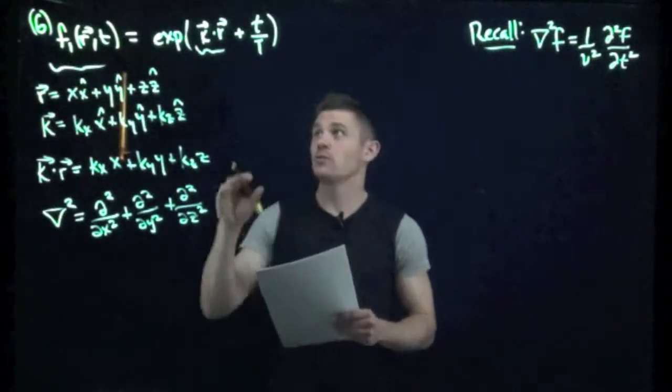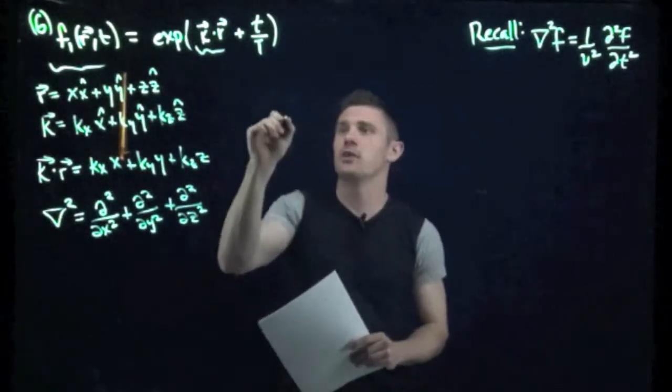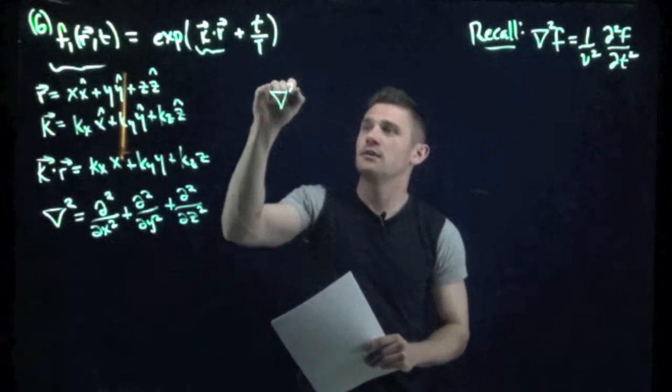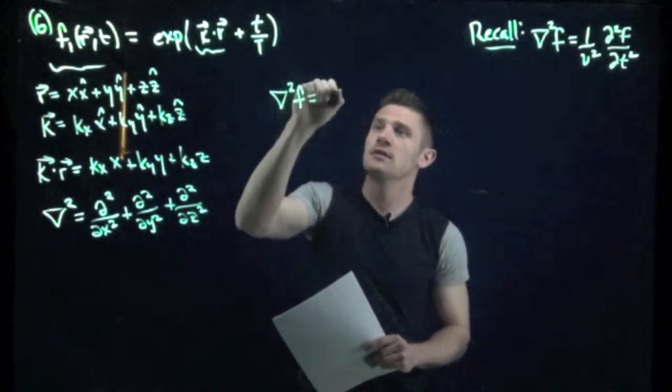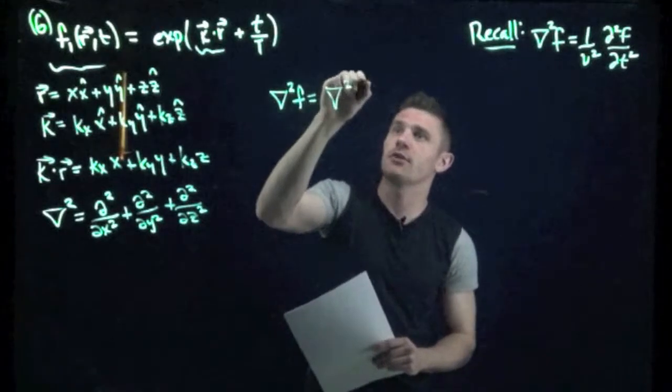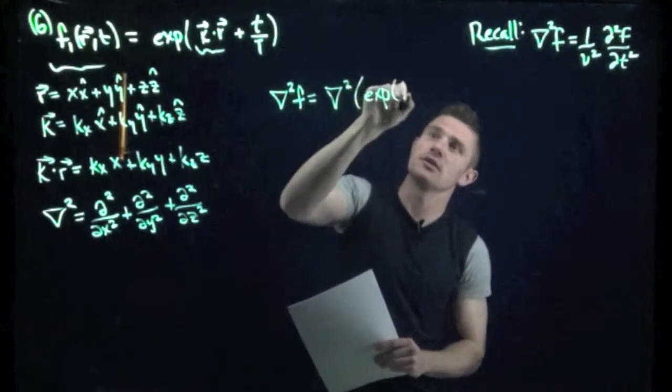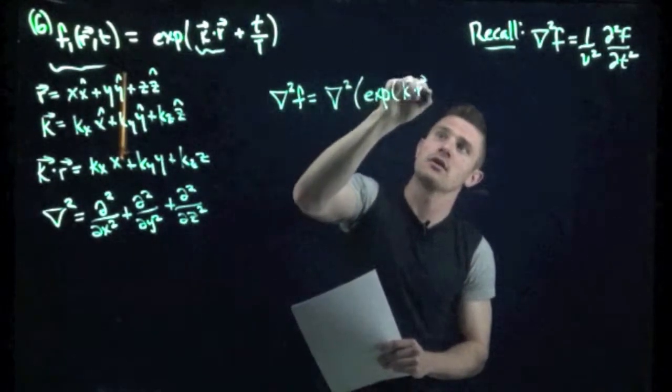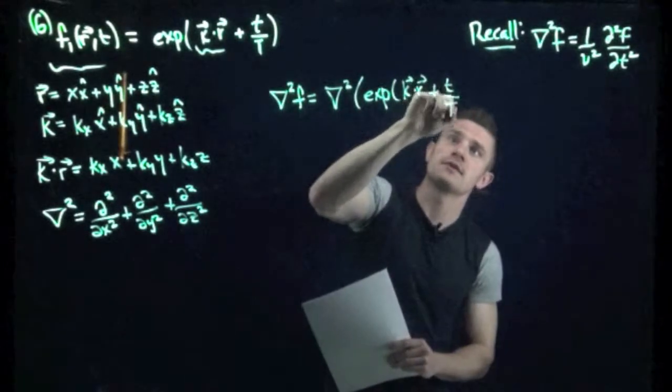Okay, so we'll start with the left-hand side of this wave equation, and we'll see that the Laplacian of f is given by the Laplacian of our function, the exponential of k dot r plus t over t.